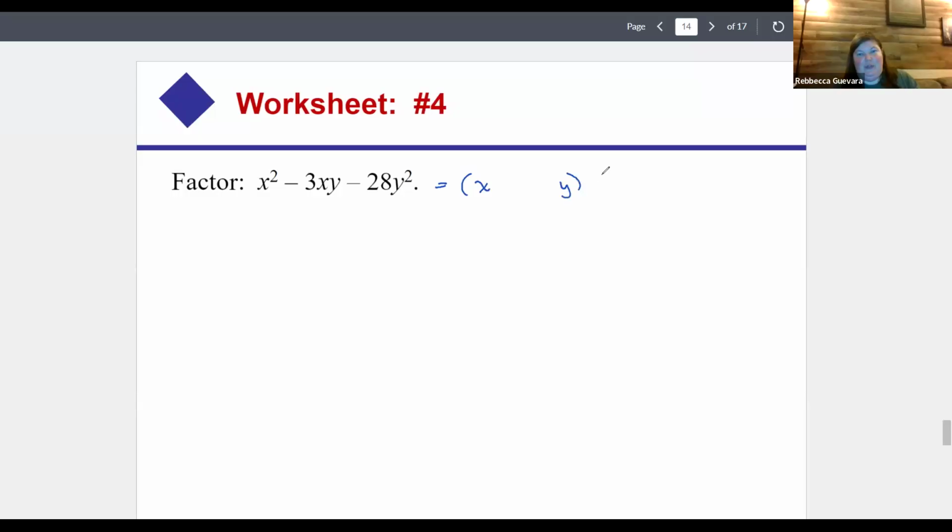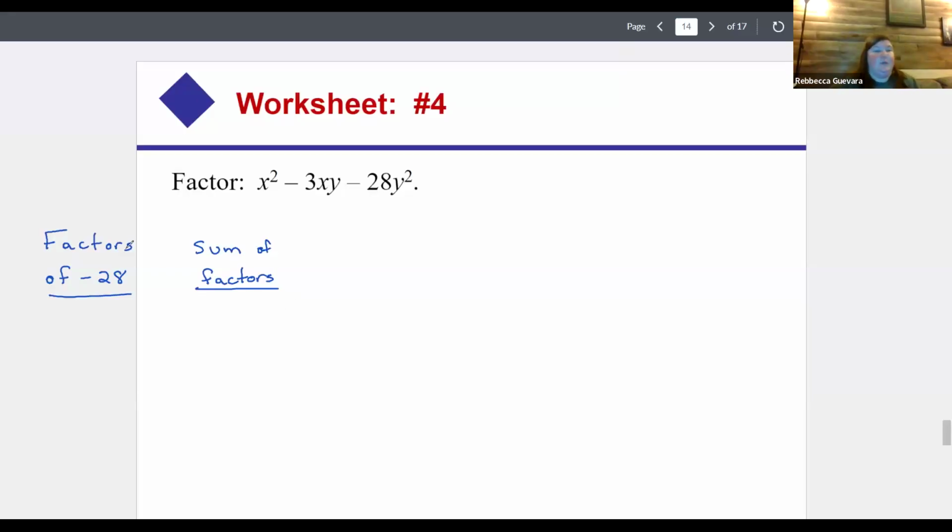Just know that when you do this, it's a negative and a positive, you're going to have a negative in front of this y. That's what you're looking for, because then when you FOIL this, you're going to end up with an x squared and a y squared and an xy in the center. So really just focus on those factors of the negative 28 that sum to negative 3.